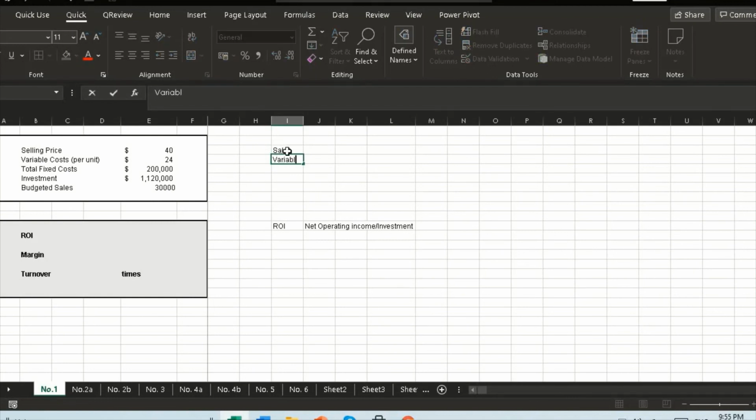And from the sales, we will deduct the variable cost, arriving at the contribution margin. And from the contribution margin, we shall deduct the fixed costs, which should give us our net operating income.